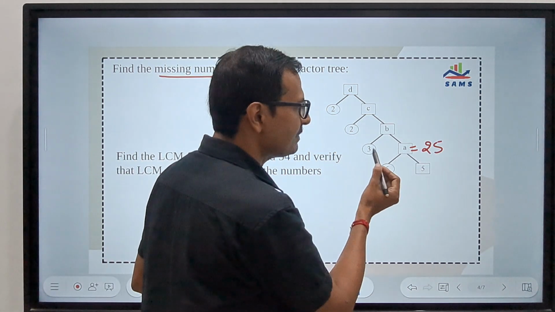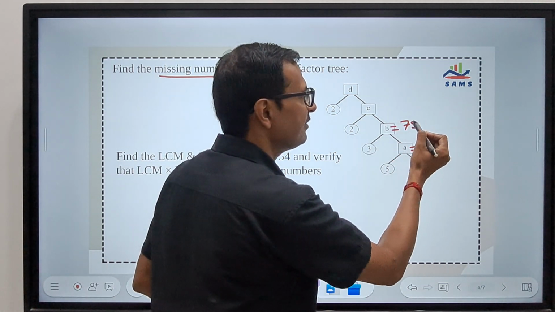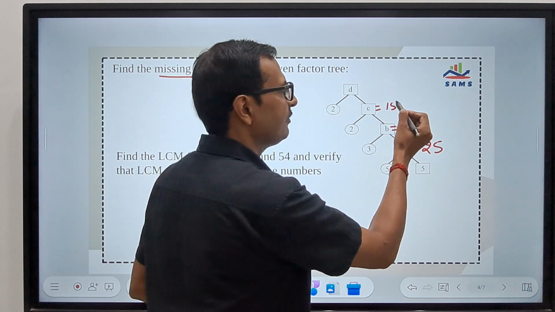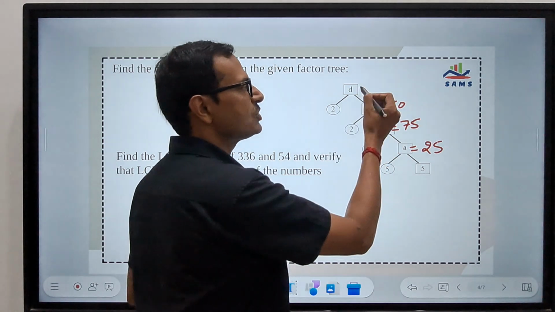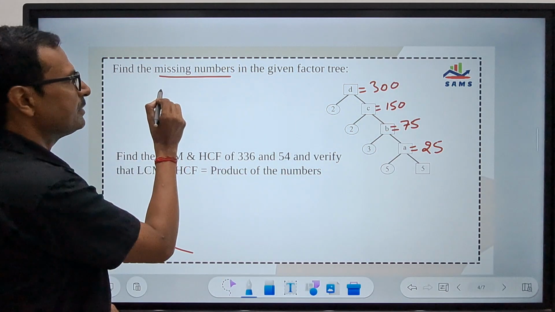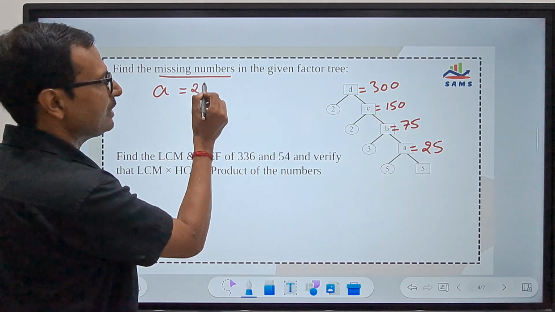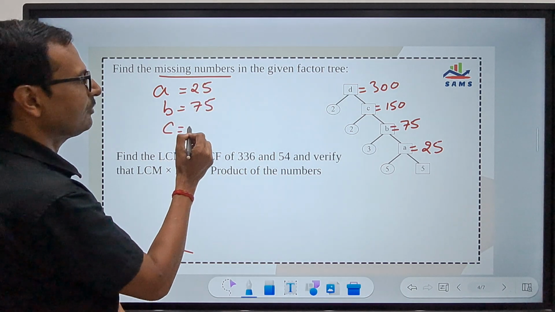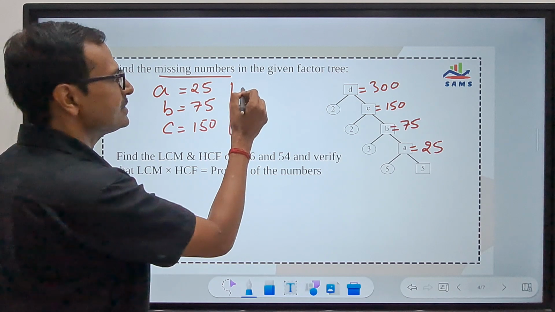So 25 times 3, this becomes 75. 75 times 2, this becomes 150. And 150 times 2, this becomes 300. So practically the missing numbers are A is 25, B is 75, C is 150 and D is 300.